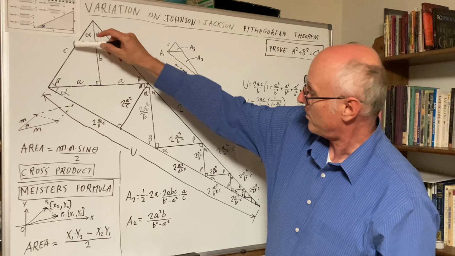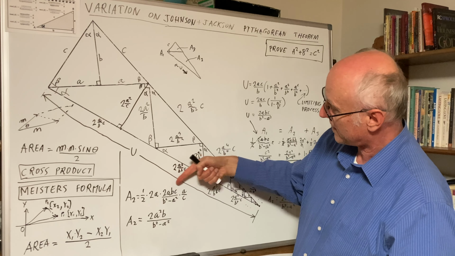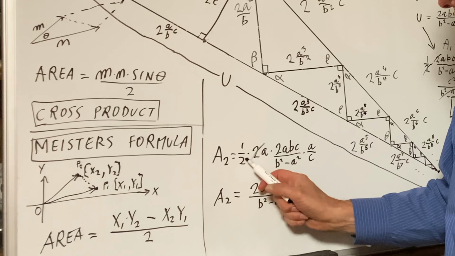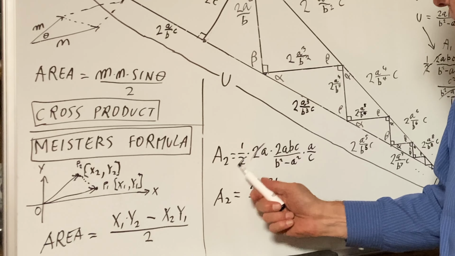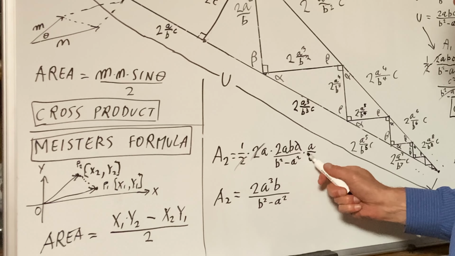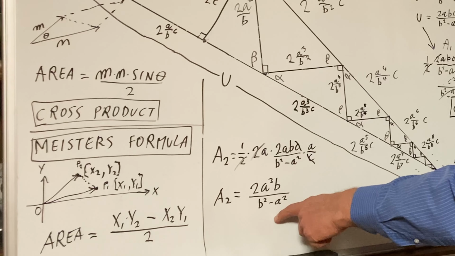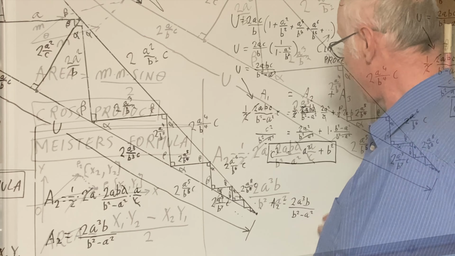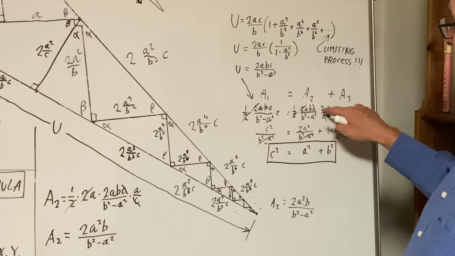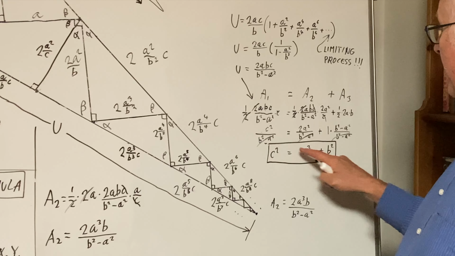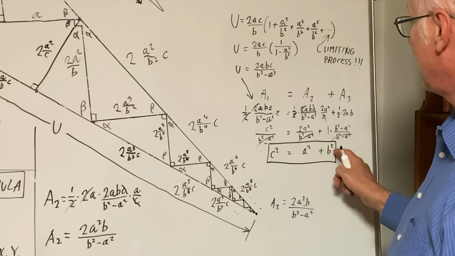Sine of alpha is a over c. So you see all these components here. And then when you do the simplification, it all cancels out nicely, and you get 2a cubed b over b squared minus a squared, which is over here, which plugs in nicely here. When you add it all up, cancel things out, you get a squared plus b squared equals c squared.